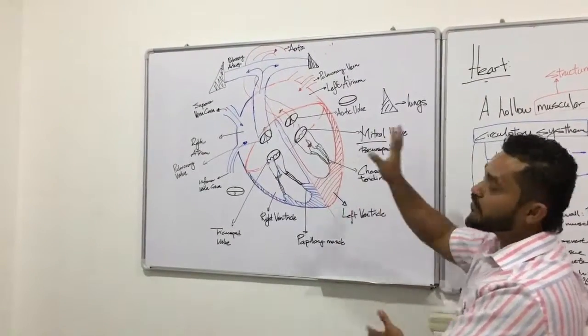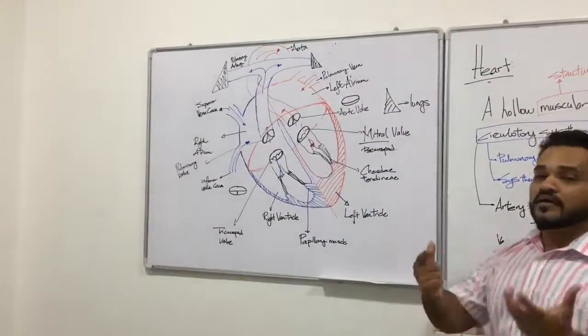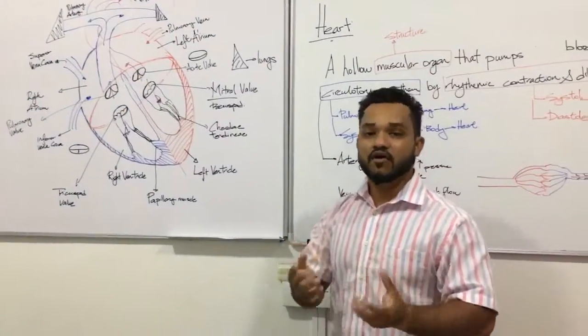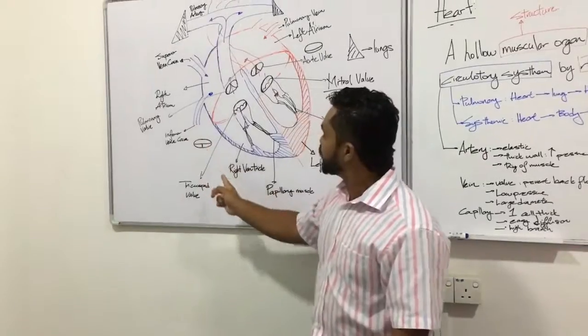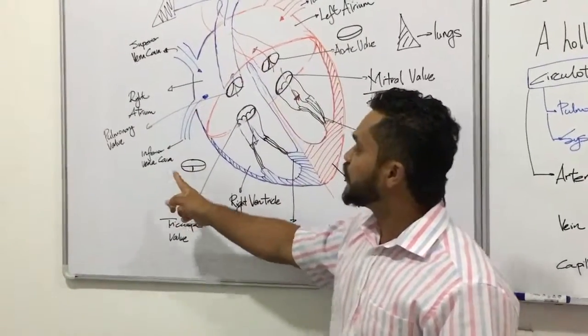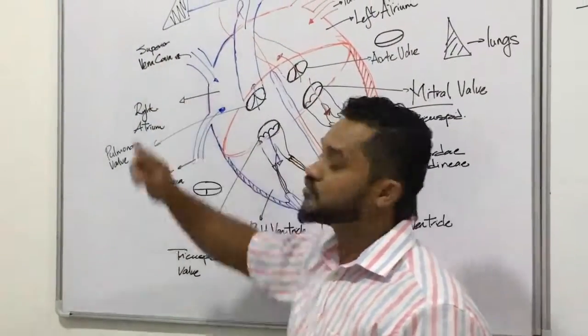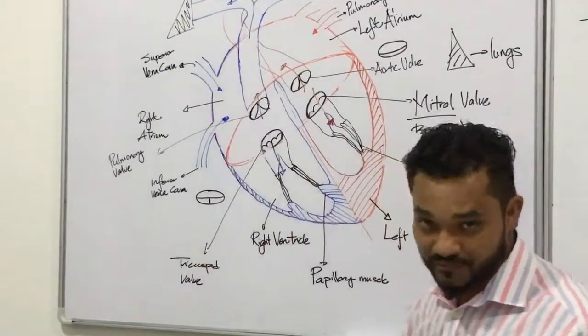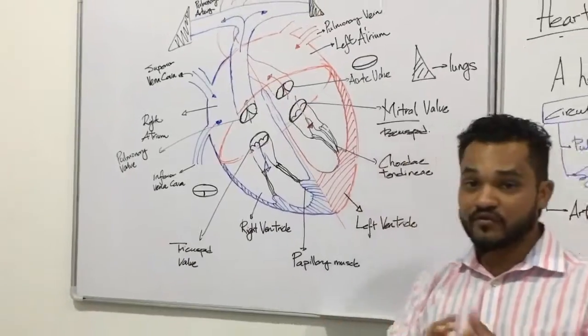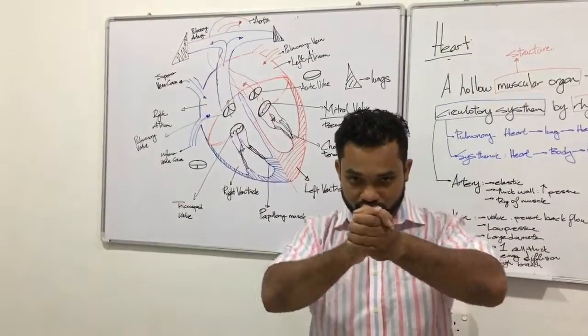Now we see how the blood moves. Now after your blood is being deoxygenated, it will enter through your right atrium via inferior vena cava and superior vena cava. Once it enters your right atrium it will go for systole, squeezing.